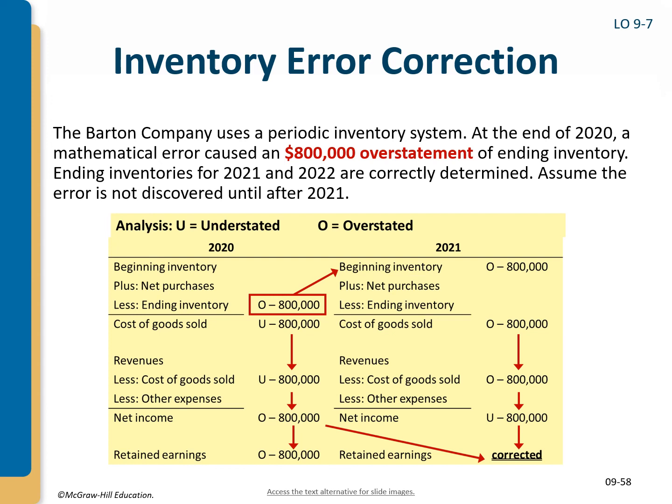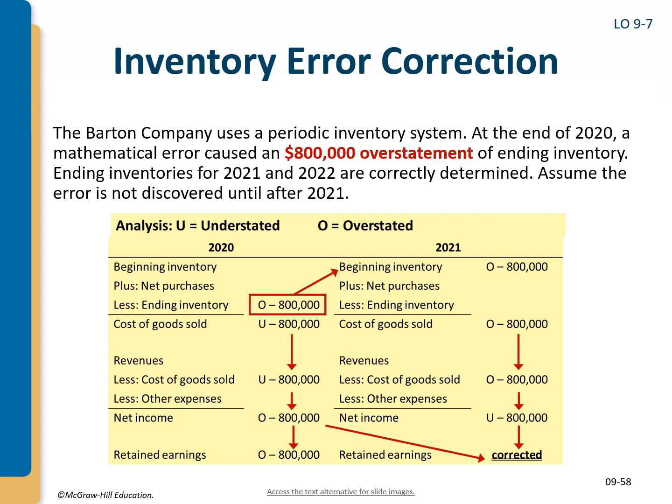So think about what happened. If the ending inventory is overstated in 2020, cost of goods sold was understated in 2020. That means net income was overstated. There wasn't enough expensed to cost of goods sold.